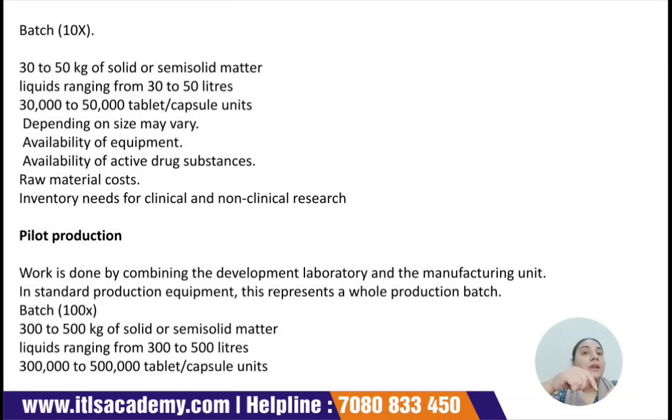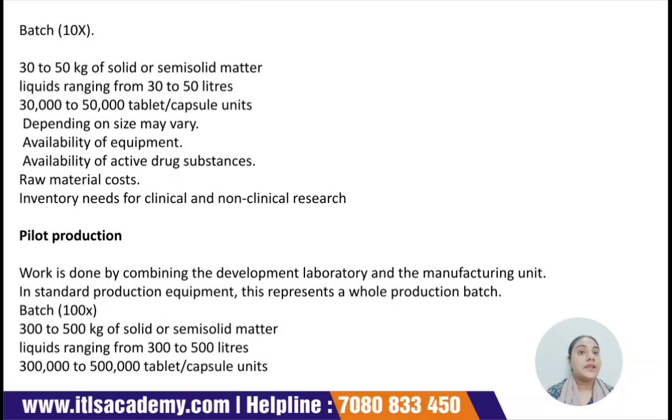Now comes the pilot plant production. Work is done by combining the development laboratories and the manufacturing unit. In standard production equipment, there is a representation of a whole production batch. If you take the batch of 100x, the things you see will change. Now how much solid is needed? The solid or semi-solid material needed is 300 to 500 kgs.